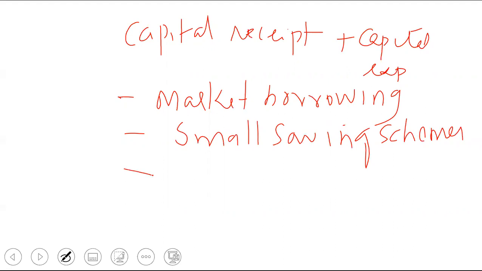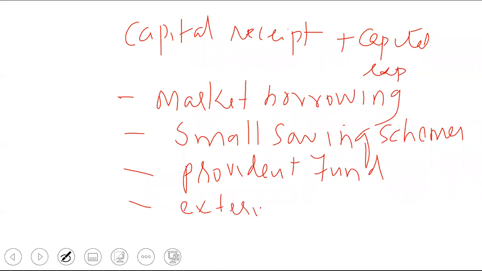India's most popular schemes are those. Third one, provident fund. Next, external loans, etc. Small savings schemes, provident fund, external loans, etc. Put that in a circle and write: study for objective.